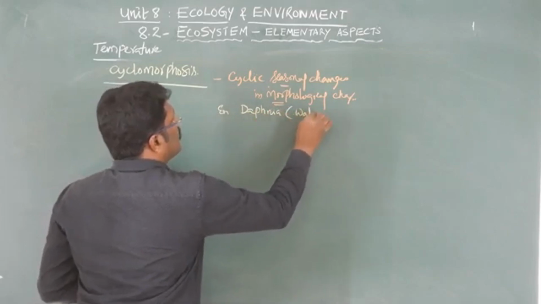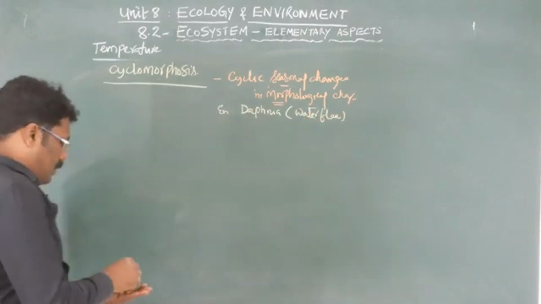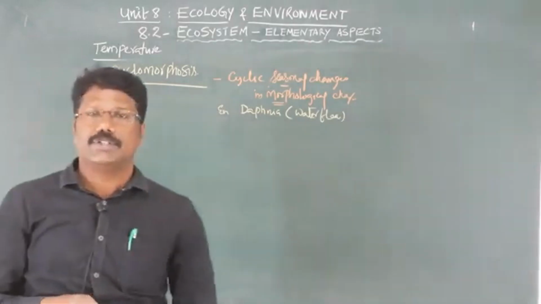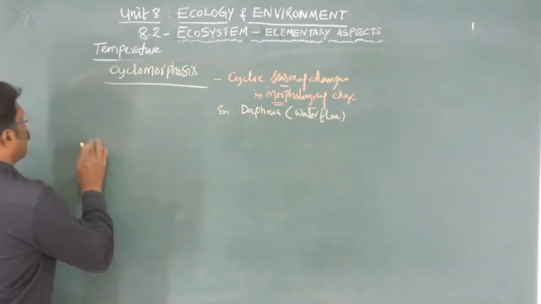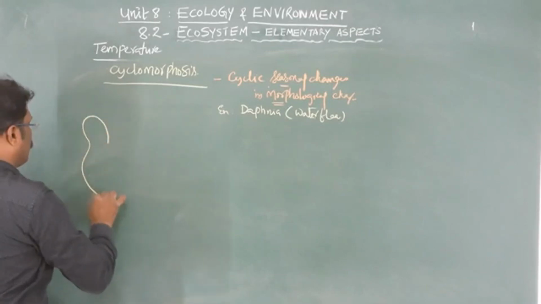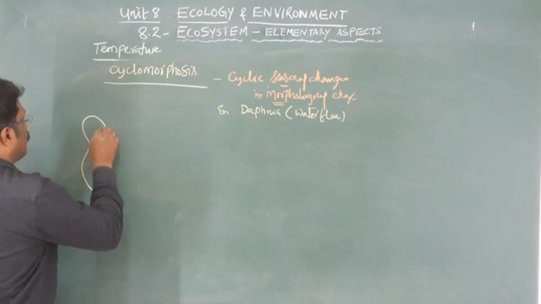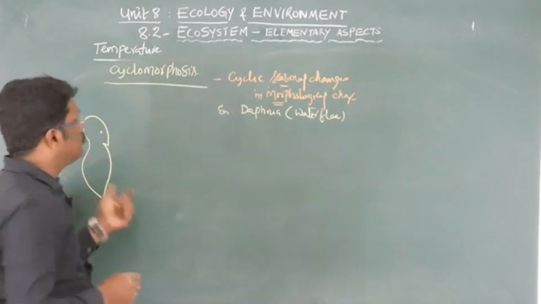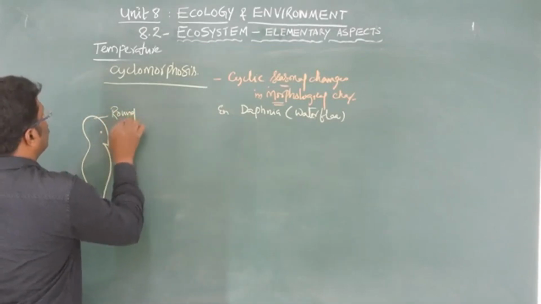It is also known as the water flea. So we shall see how these morphological characters of the Daphnia change according to the seasons. You see, this is the Daphnia, and it has a round head.